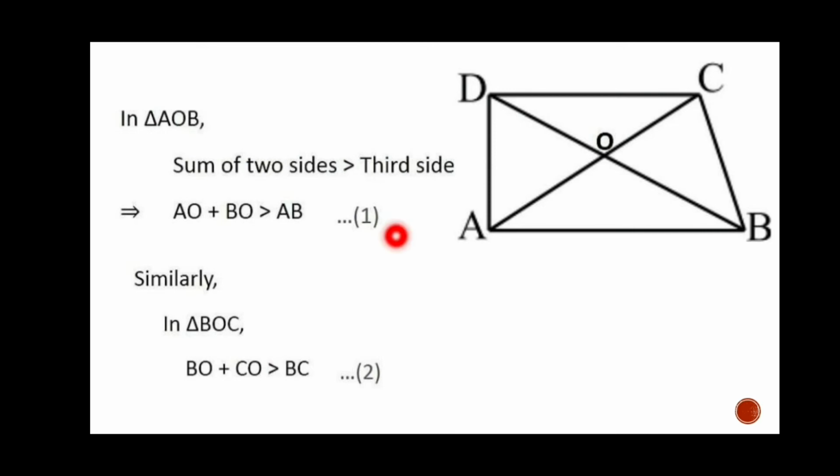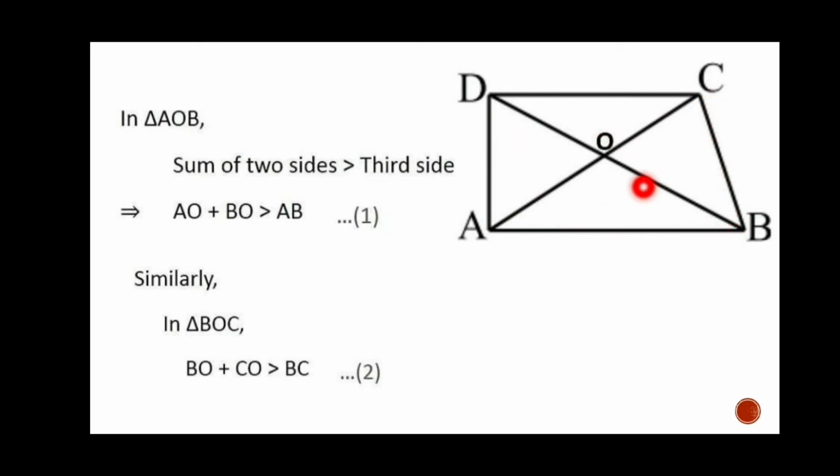Now in this question we will take these small triangles inside the quadrilateral one by one. So first we have taken triangle AOB. Sum of the two sides is greater than the third side. We will apply the side sum property, where we will keep the sides of the quadrilateral as the third side.